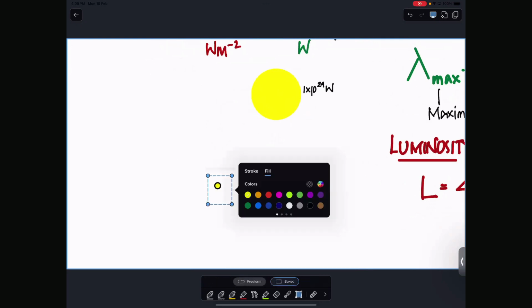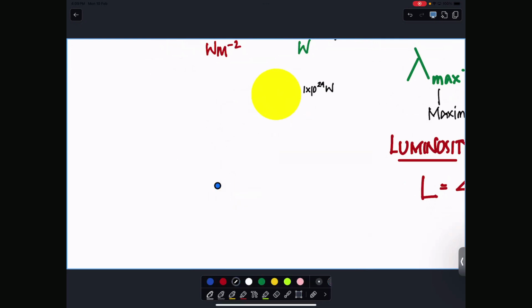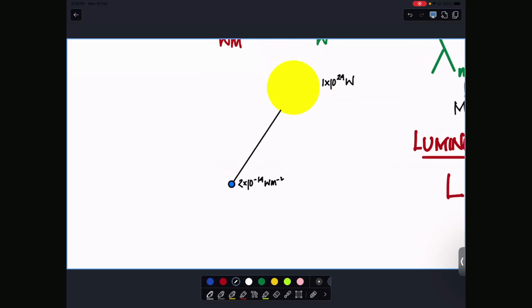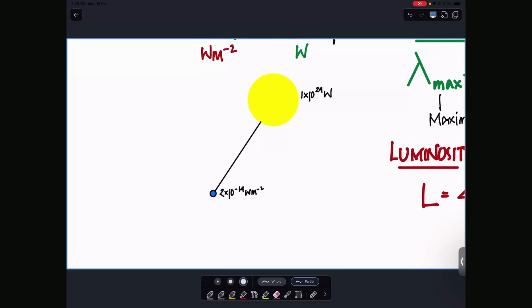The light from the star is traveling across the galaxy and reaches you. You have a telescope or a sensor, and the intensity you find is 2 times 10 to the power minus 14 watt per meter square.